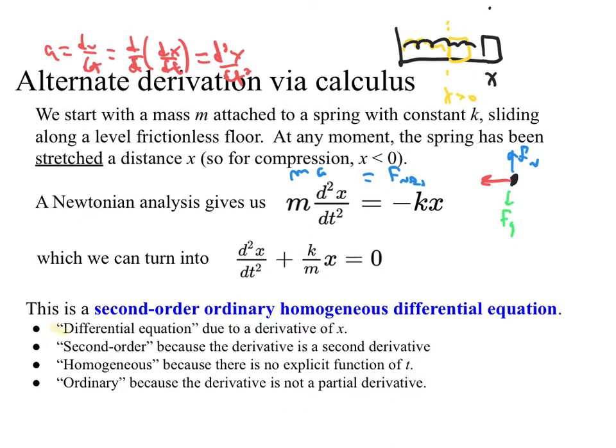It's a differential equation because of the fact that there's a derivative. It's homogeneous because there's no function of t here. It's ordinary because the derivatives are ordinary derivatives.